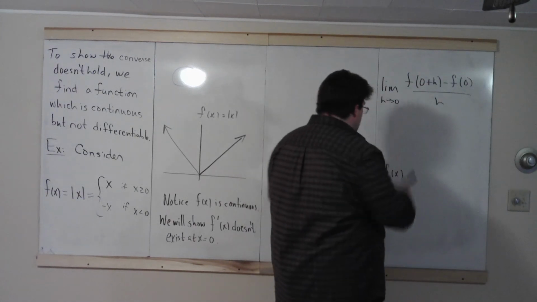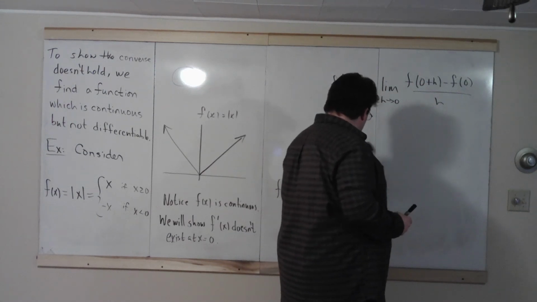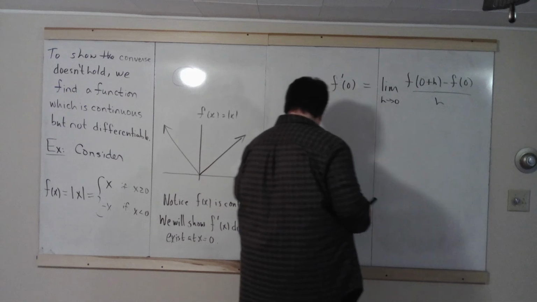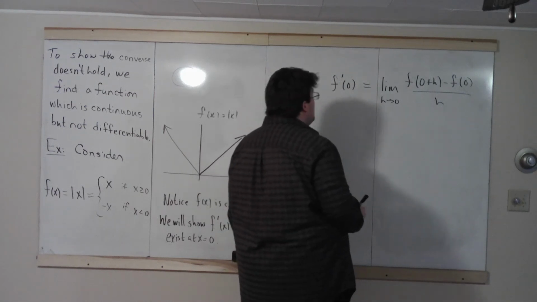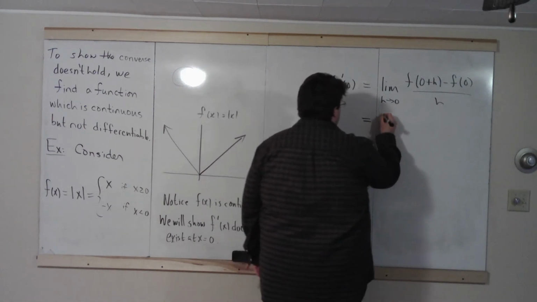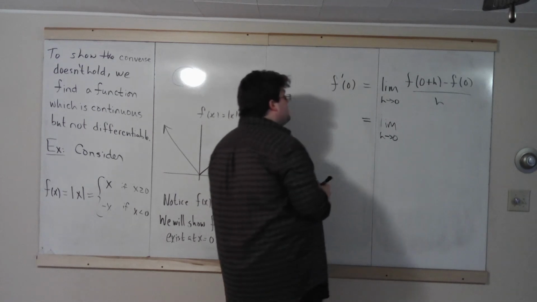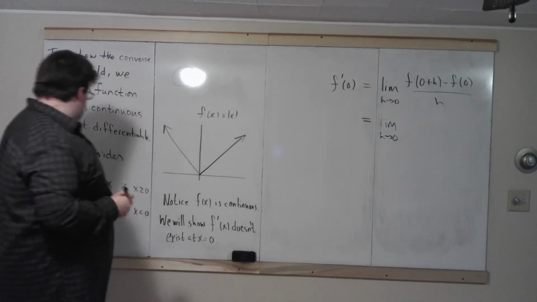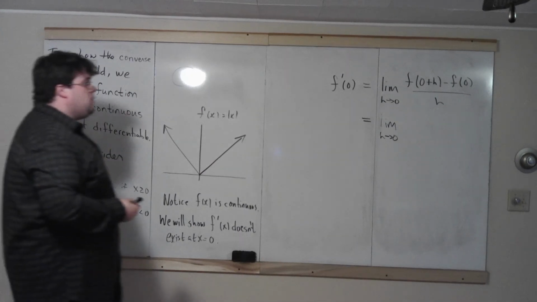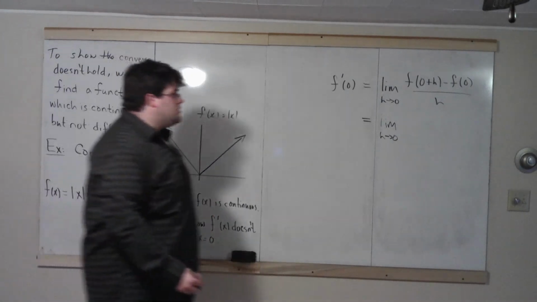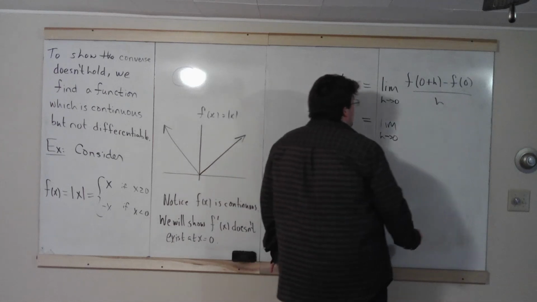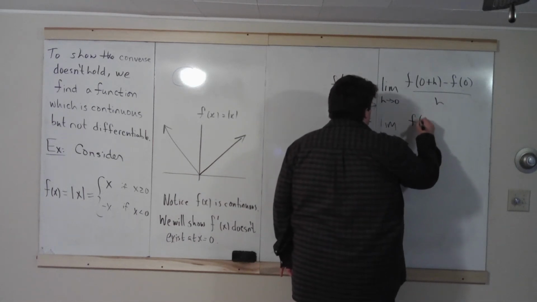To do that, let's simplify it a little. It equals the limit as h approaches 0. What's f of 0 plus h? The absolute value of 0 plus h. Well, what's 0 plus h? Just h.